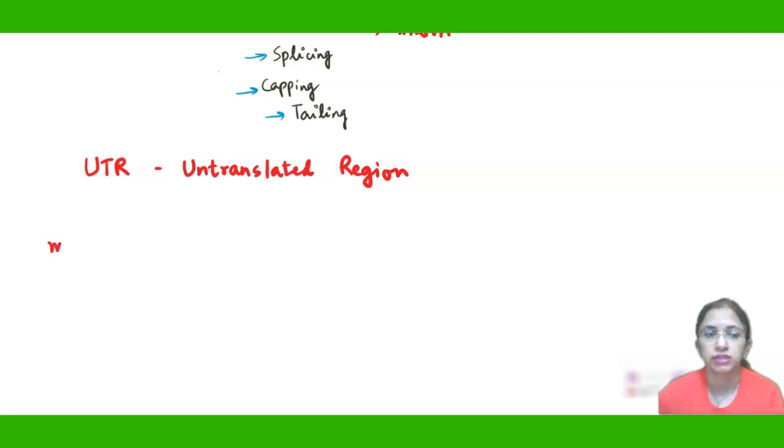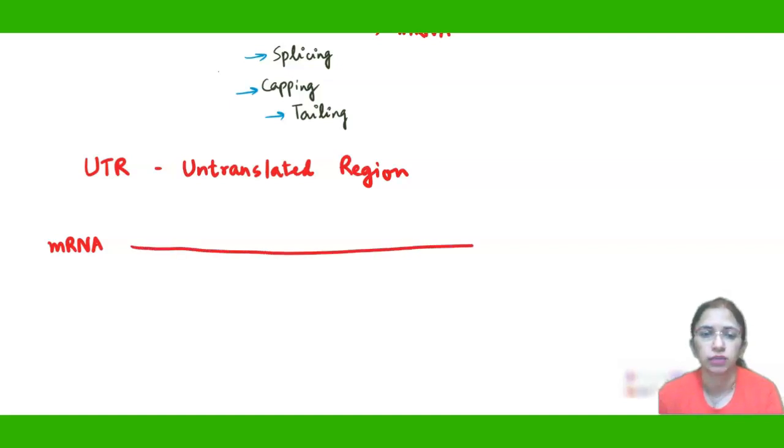So let me make a sequence for you and we will find out the UTR in that sequence. This is messenger RNA, which is 5 to 3 prime, and let me write the bases in it. Suppose I am writing bases randomly, and here I end up.